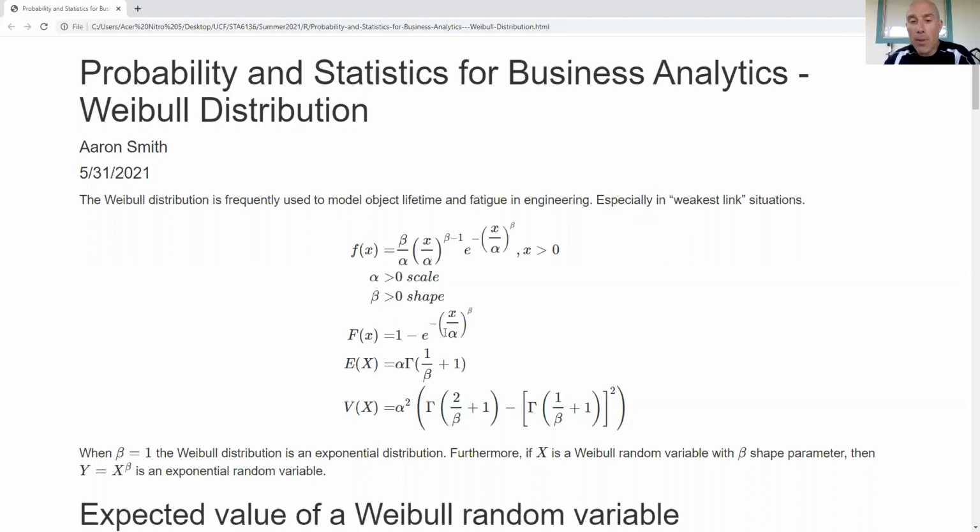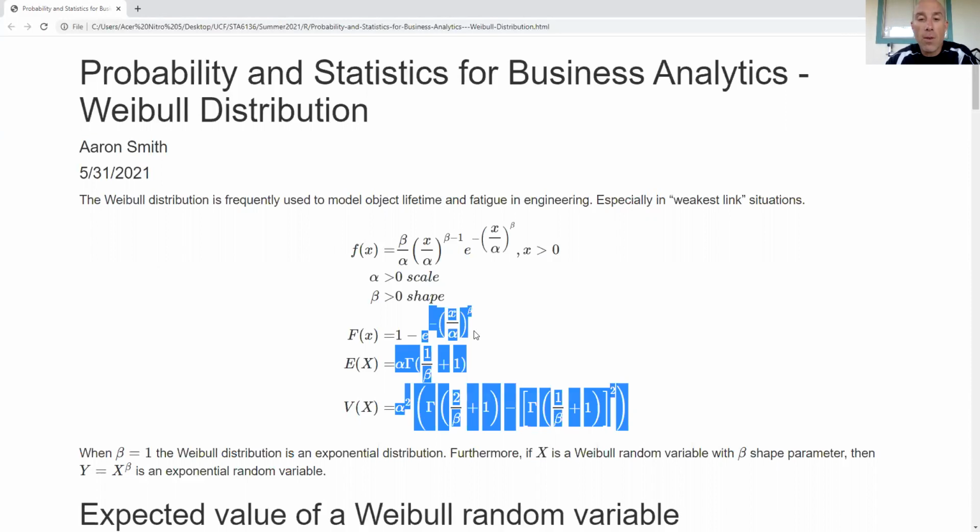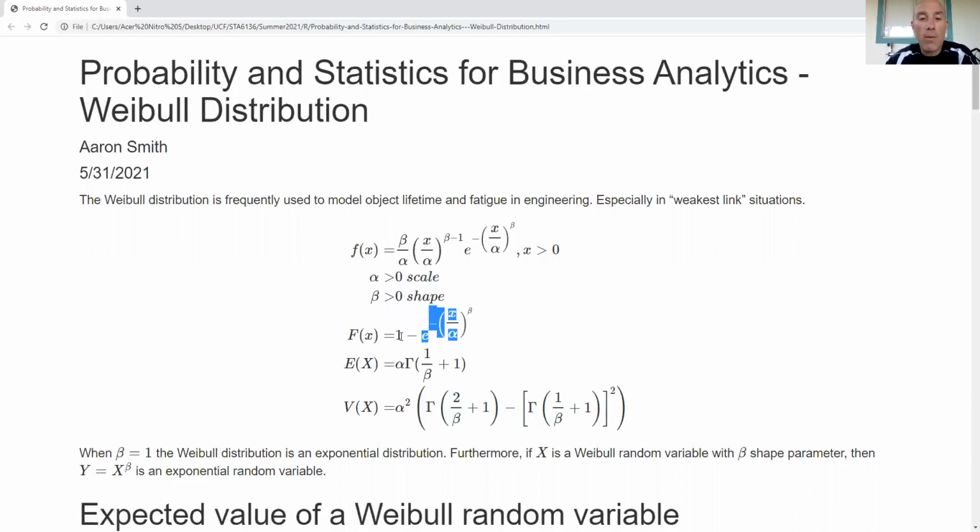If you let x get super big, e to the power of something big is going to be big. If I take a reciprocal with that negative sign, it's going to be very close to 0. So as x gets super large, this goes to 0, and the cumulative distribution function as a whole goes to 1.